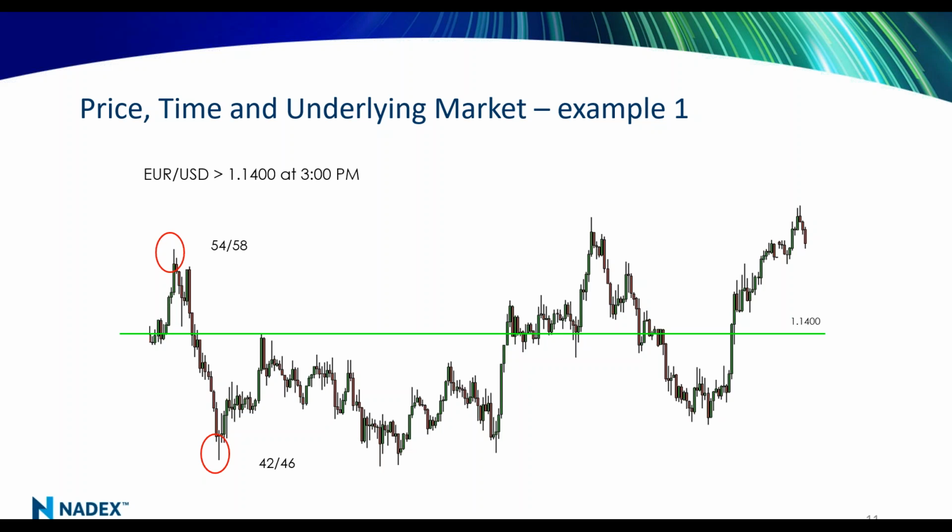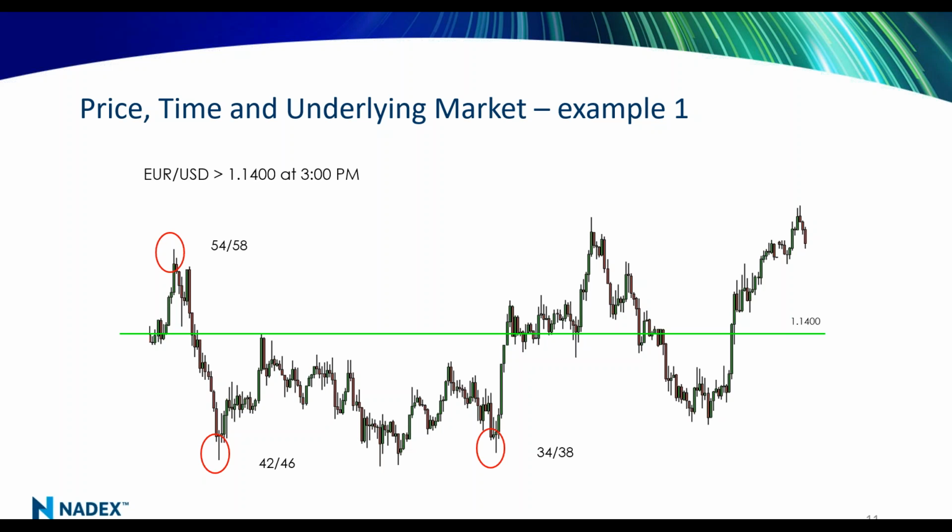The binary is now priced at 42.46, so the market's pricing it at a 44% probability of being true. There's still a lot of time left in the day, but it's below 50 because it's currently trading below 1.14, so the market's pricing the probability of it ending above 1.14 below 50%.